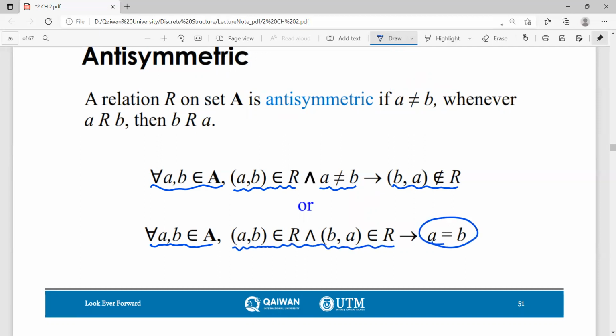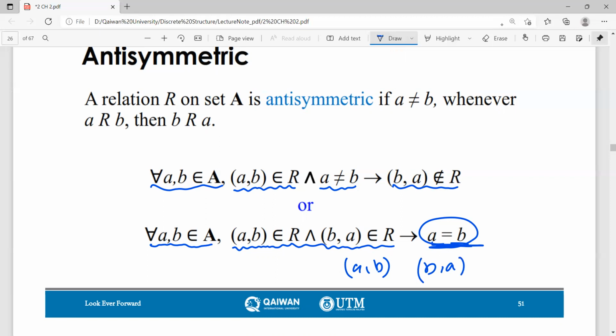That means we must have only the elements which are equal. I mean, we have A and A, it's okay. It's possible if we have A and A. But if we have AB in the relation, we must have no BA in the relation.